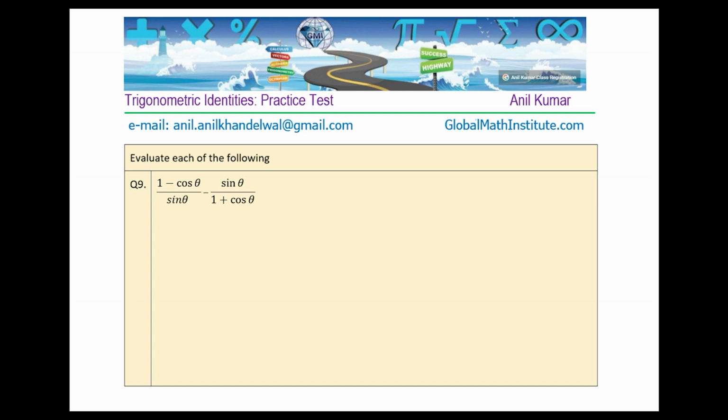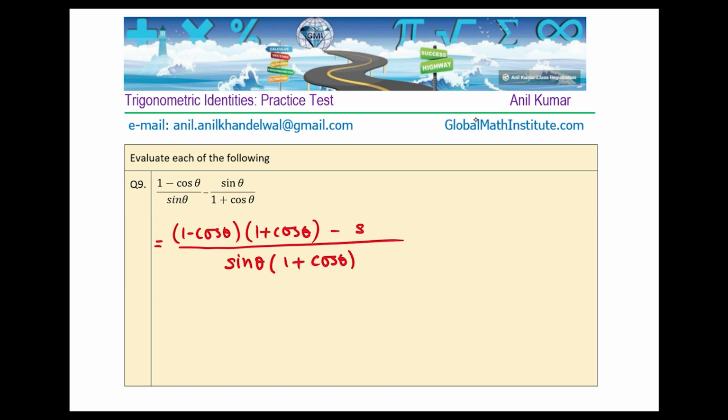So we can write this expression as equal to taking common denominator of sin theta times 1 plus cos theta. Cross multiply, we get 1 minus cos theta times 1 plus cos theta minus sin square theta.